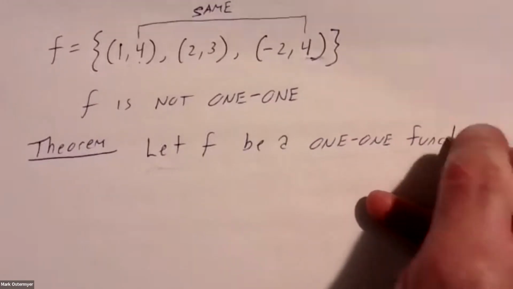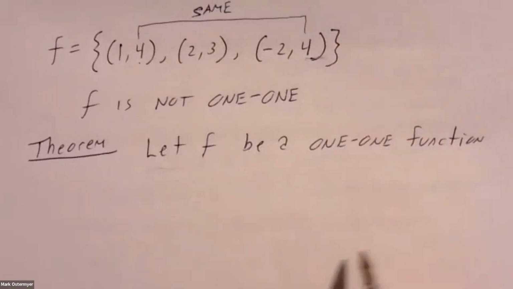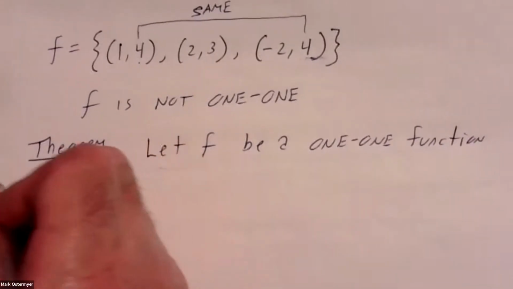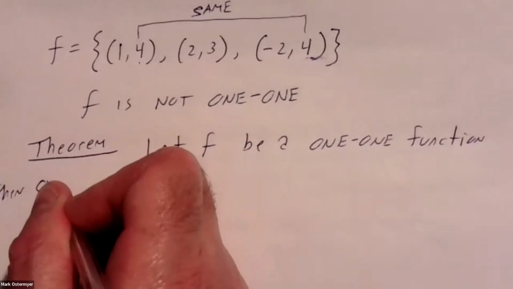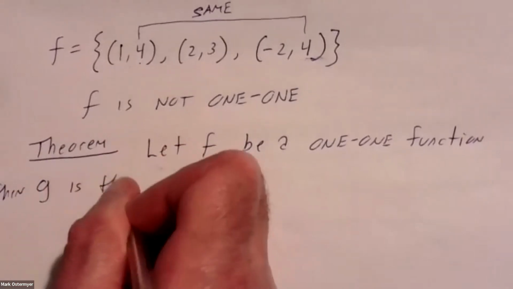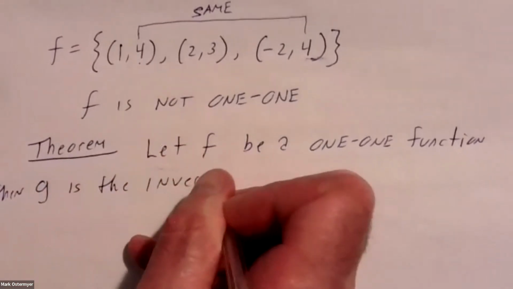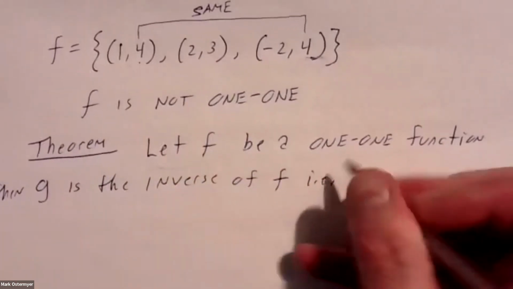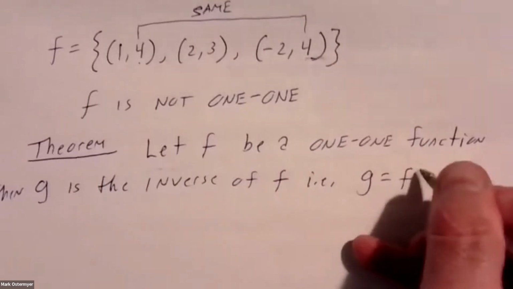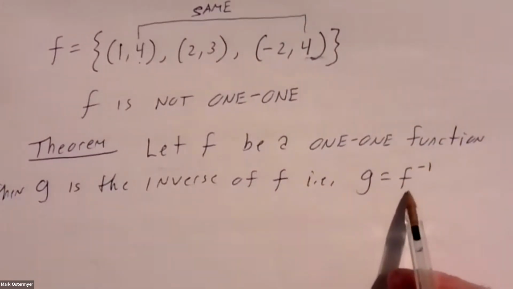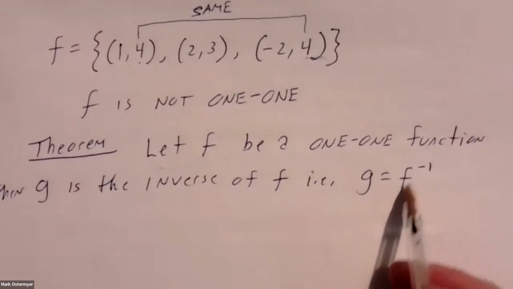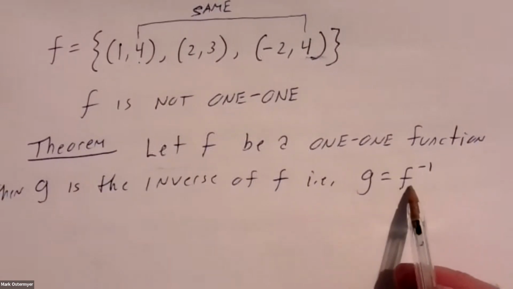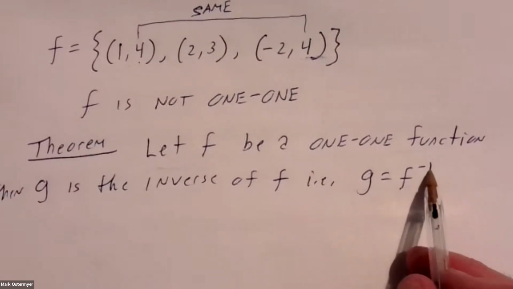So automatically we know that the graph of this function passes the horizontal line test. We say that g is the inverse of function f. In other words, g is equal to f inverse. This is not to be read as f to the negative 1 power. This is read as f inverse. g is the inverse of function f, f inverse.